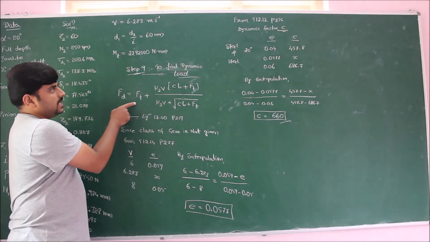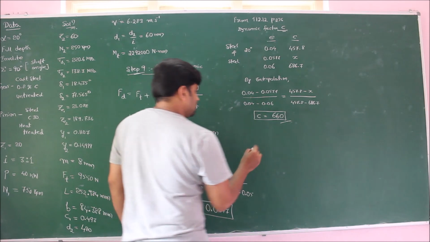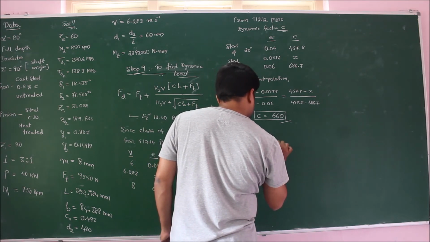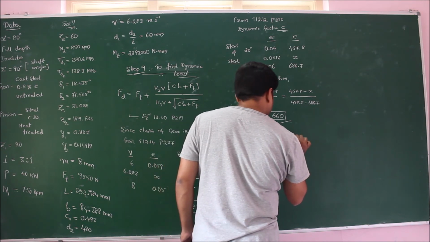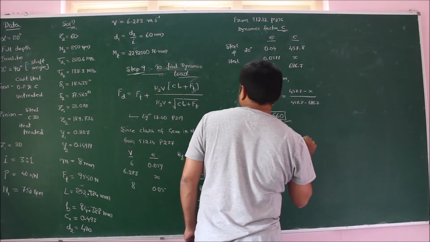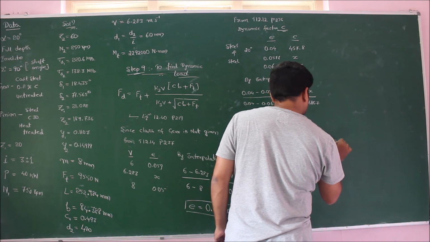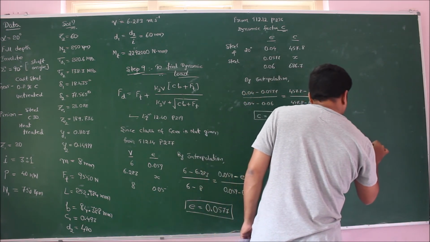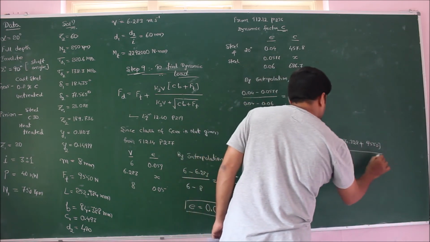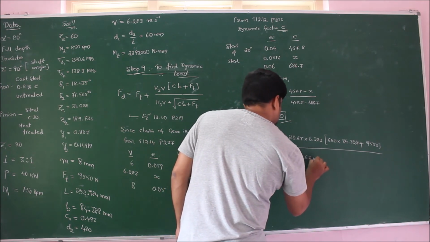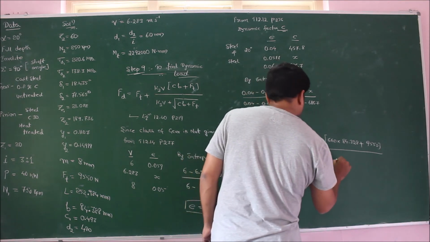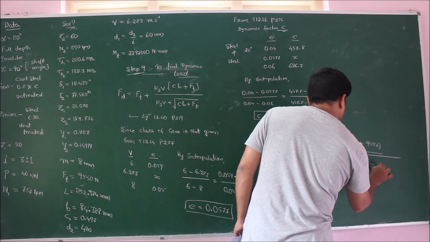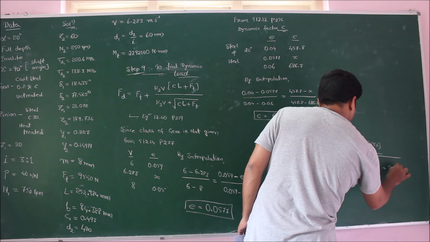Now we know all the values in this equation. If I substitute and simplify, I will get the dynamic load as Fd is equal to Ft, which is known to us, 9550, plus K3, which is 20.67, into velocity, which is 6.283, times C, which is 660, into face width 84.328, plus Ft, which is 9550, whole divided by 20.67 into 6.283 plus square root of 660 into 84.328 plus Ft, which is 9550.